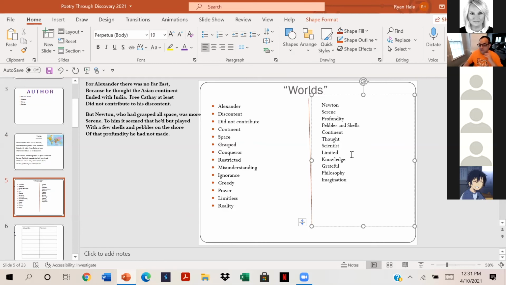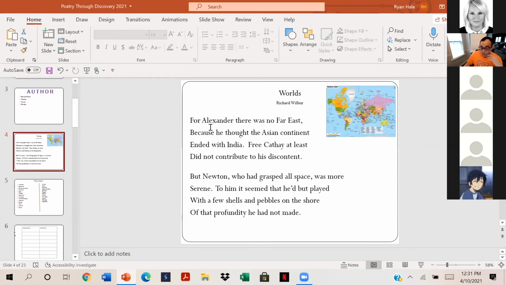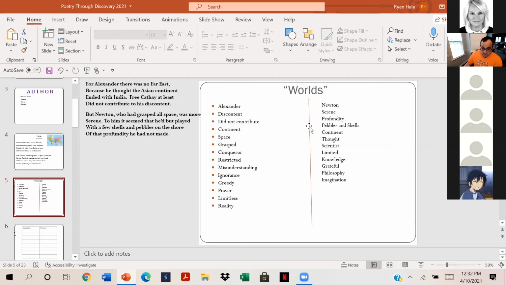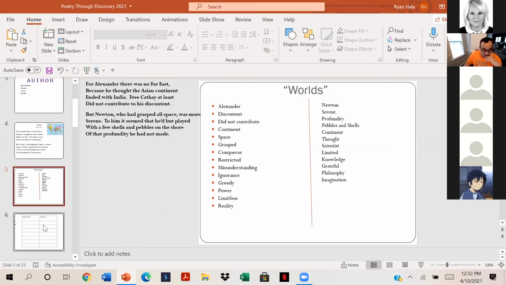So notice here what we have. We took the poem and all we did is we pulled words out and we threw them on this thing. And then we tried to get to more words that aren't really there, and we put them on here too. And without even knowing that you did it, right?